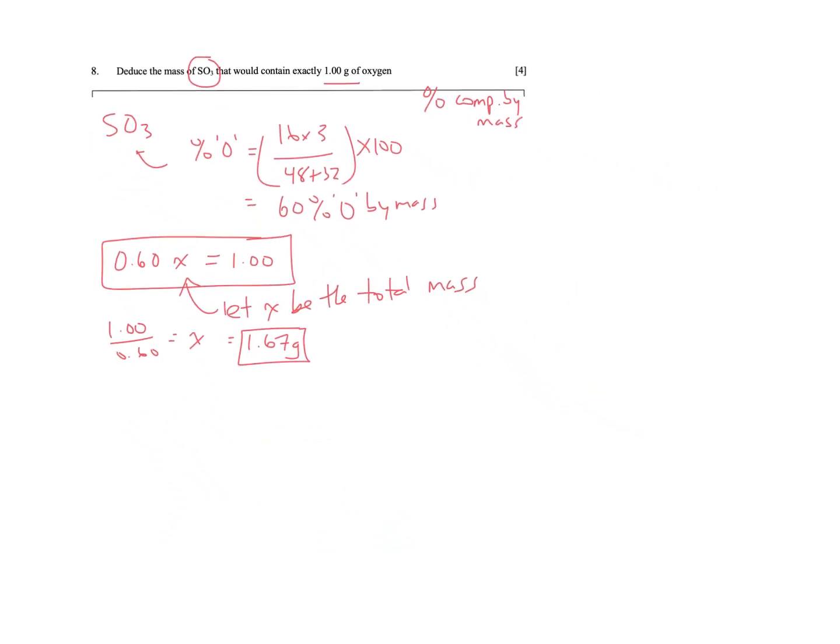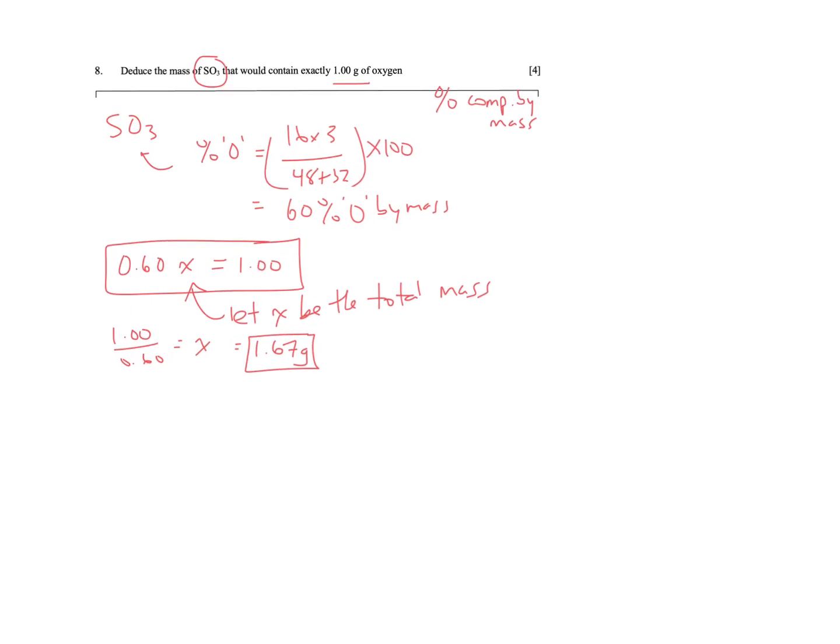The other way to do it, and this would probably be a little bit more like the classic chemistry way to do it. Mine is a little bit ratio-y and mathy. The other way to do it would be to do a bunch of conversions. Okay, so if we know we have 1 gram of oxygen, right?